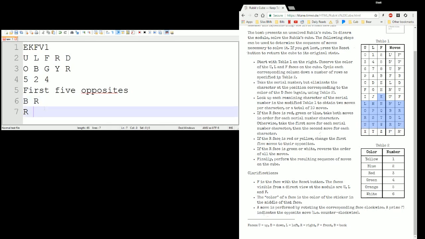RD prime, sorry. R and D prime. Next up, F. F is here. That's 5. 1, 2, 3, 4, 5. R, D prime. Same move as last time.